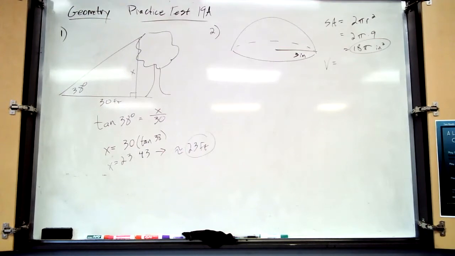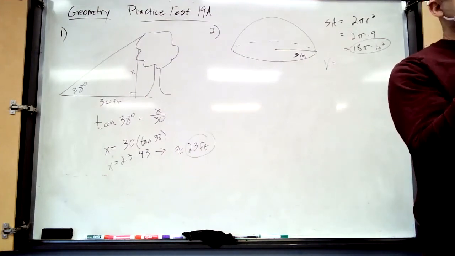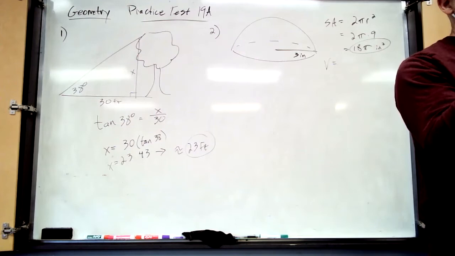Do you know how to remember how to find the volume of a sphere? It's really weird. Isn't it like the 4 circles? Well, that's surface area, 4 pi r squared. But there is a 4 in it. Yeah, it is kind of like 4 cones.